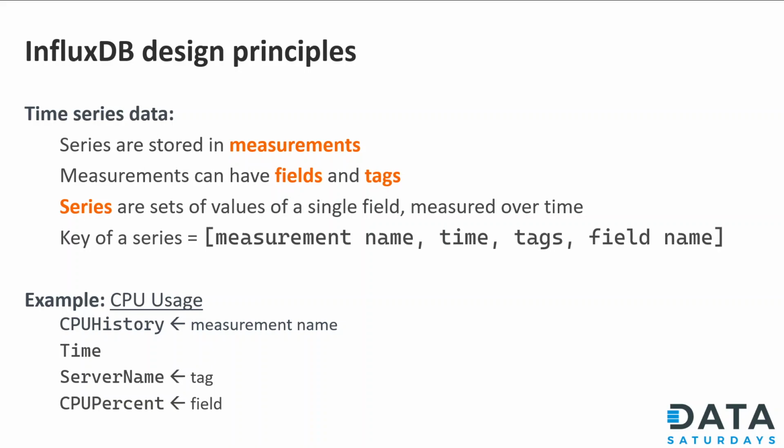What's the difference? So a field is the actual measure that we are observing. So let's say, example, we are observing temperature. So the actual temperature is what goes in the field. So 37 degrees, 21 degrees, 11 degrees, and so on.